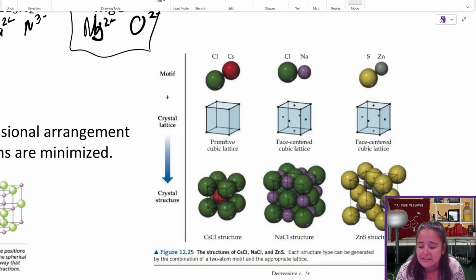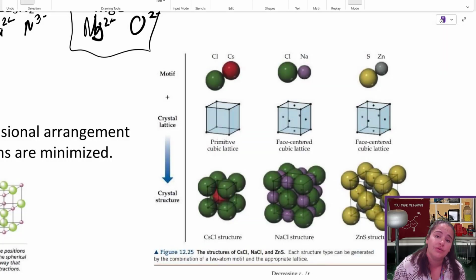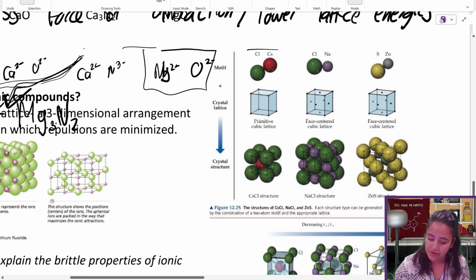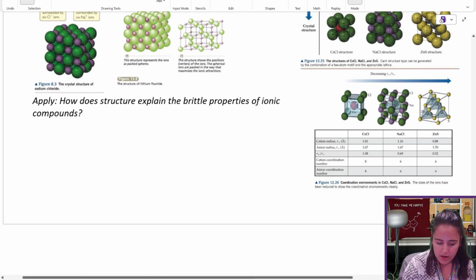Or this face-centered cubic lattice with the zinc and the sulfur bonding in that 1-to-1 form, but on a more diagonal. Again, you don't need to know or memorize any specific names of crystal lattices. Just know that they exist. And if there is a more densely packed crystal structure, that would be a stronger bond.